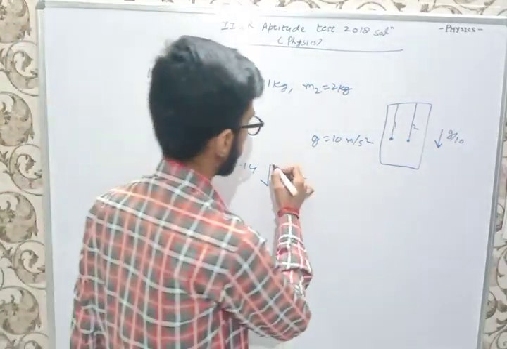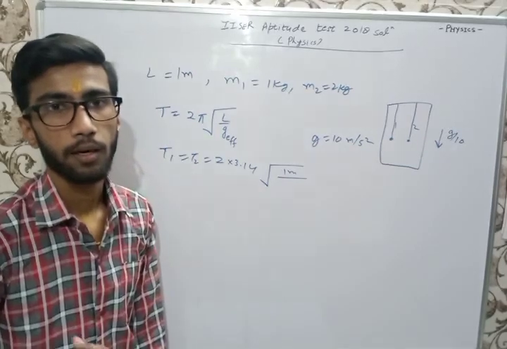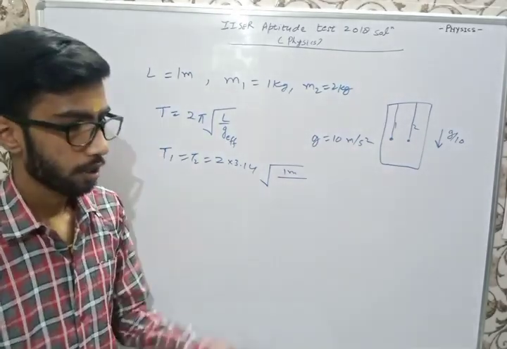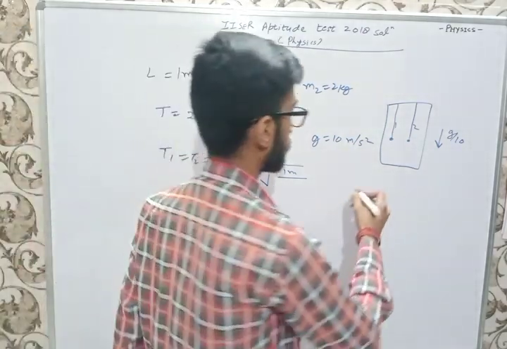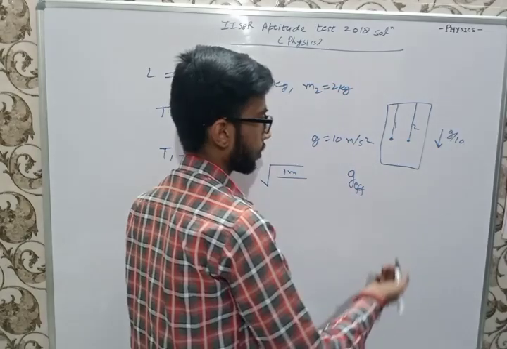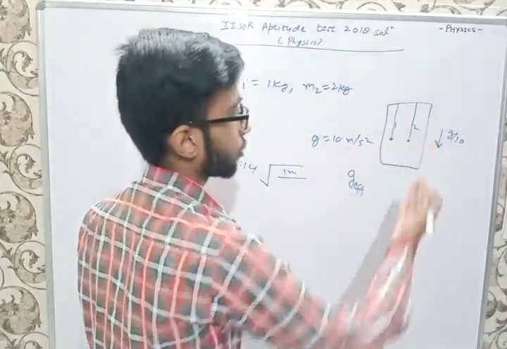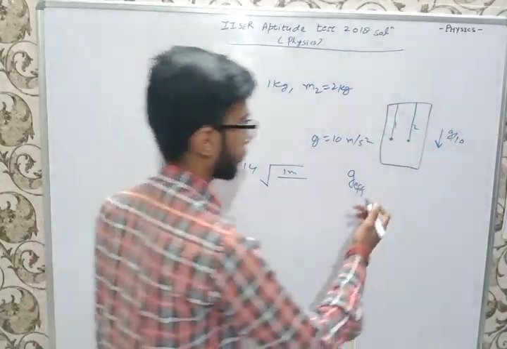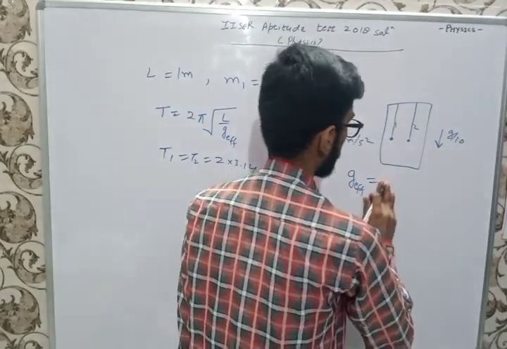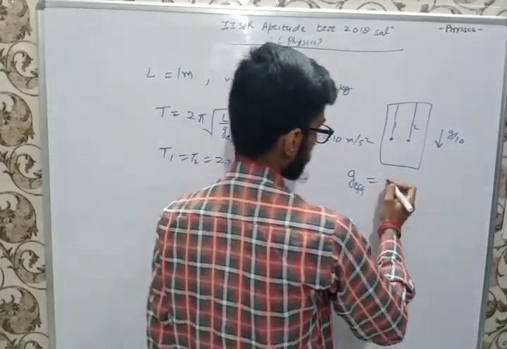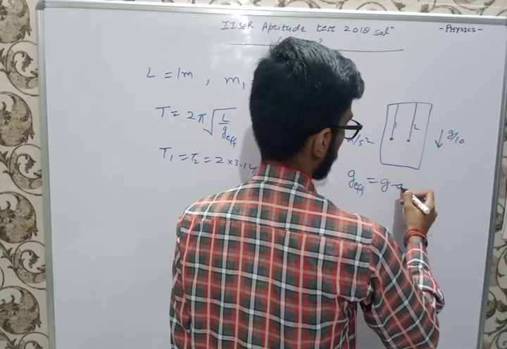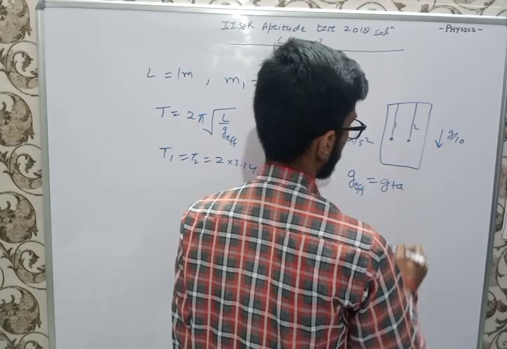Now see, what is the g effective? Whenever a system like a lift pendulum system goes up or down, the g effective changes. If your system is going up with some acceleration a, then the g effective is g plus a.